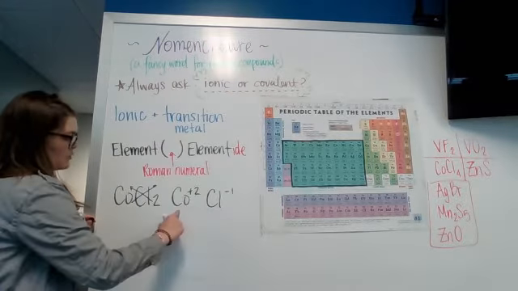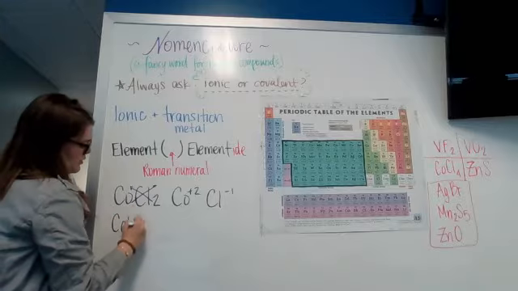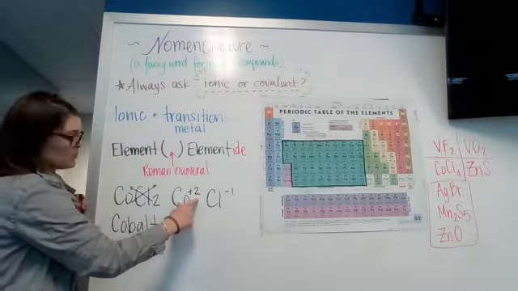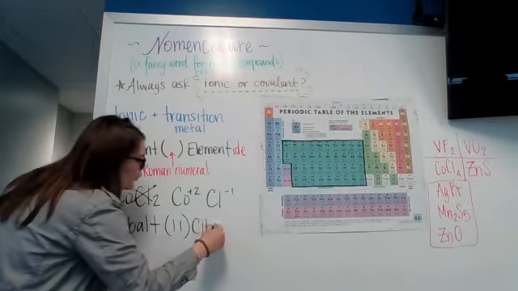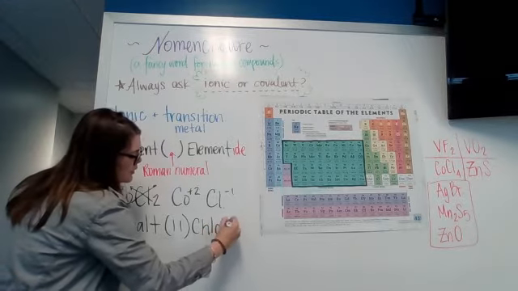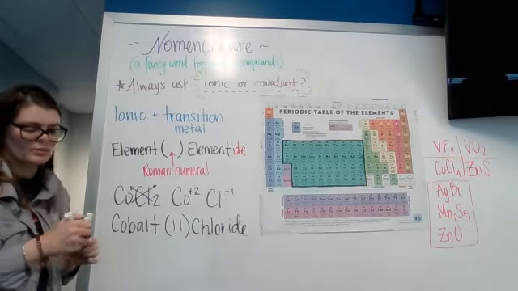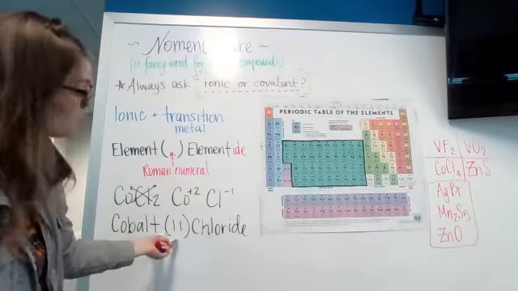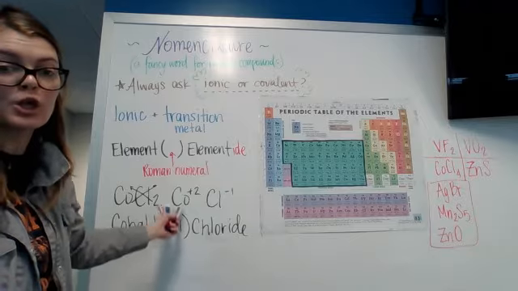Okay, so Co, right here, cobalt, and then we have to put that number in Roman numerals. Spelled that wrong. Element-ide. Okay, so we have element, element-ide, same thing as simple ionic, but we got to put that number that belongs to the metal in the middle. So that's the charge of the metal.